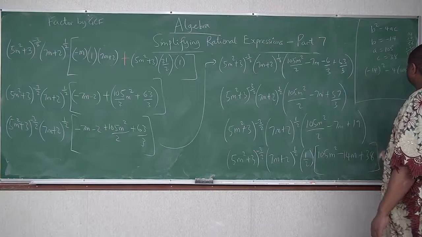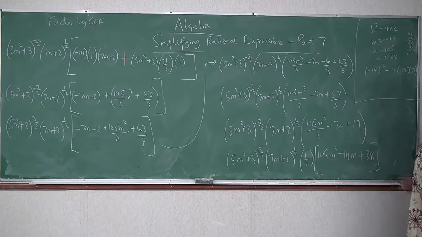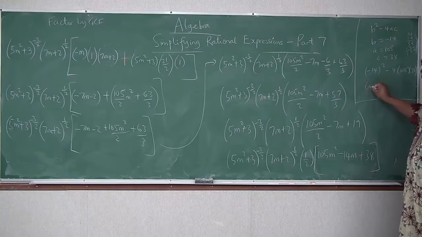So this will not work. This will give us complex roots, because 4 times 105 times 38 will be more than 196, of course. So this will give us complex roots.